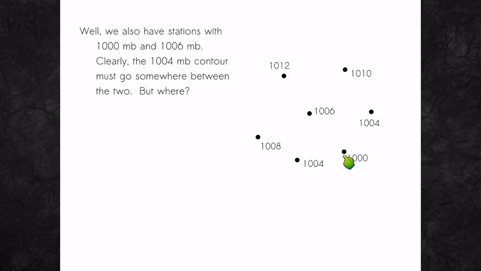You start down here at 1000 millibars, and you're driving up towards the other station, and the pressure is increasing. It's increasing, it's increasing, until when you get to that station, it's 1006. Well, somewhere along that drive, the pressure went through 1004 before it reached 1006. We just have to figure out where it reached 1004.